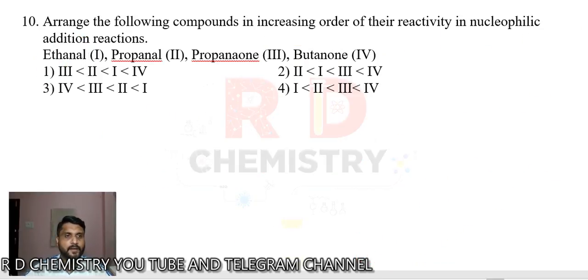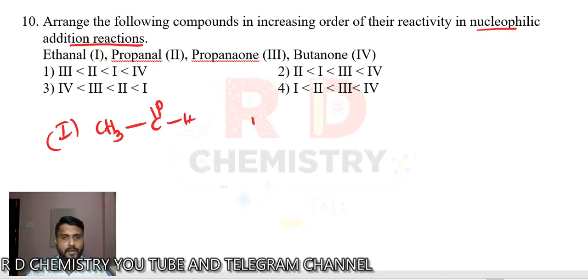Question number 10. Arrange the following compounds in increasing order of reactivity towards nucleophilic addition reaction. Now remember here, for aldehydes and ketones, the smallest molecule reacts easily. Compound number 1, ethanal, is CH3 C double bond OH. Compound number 2 is propanal, CH3 CH2 C double bond OH.